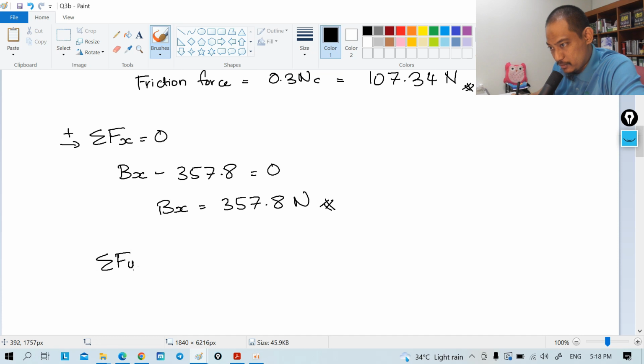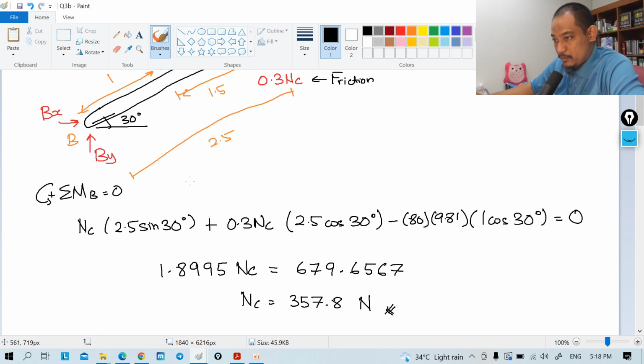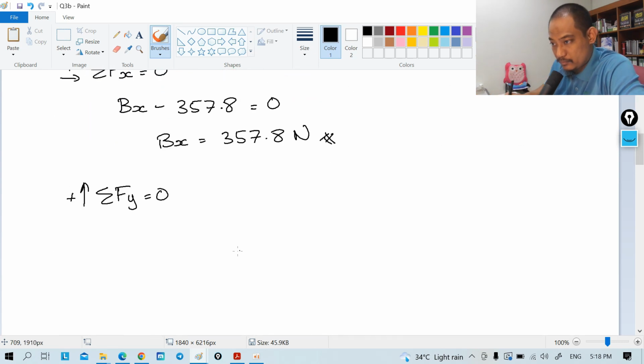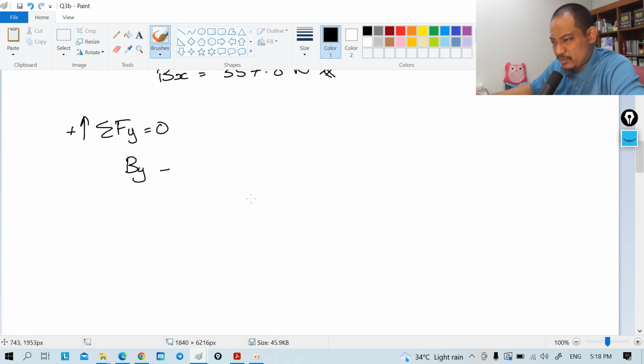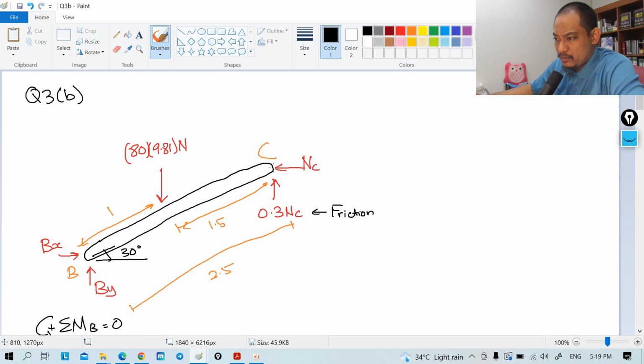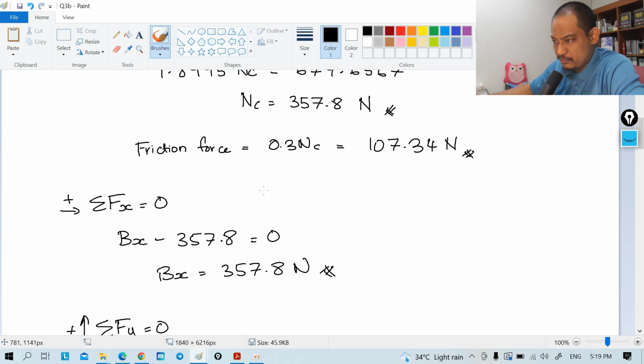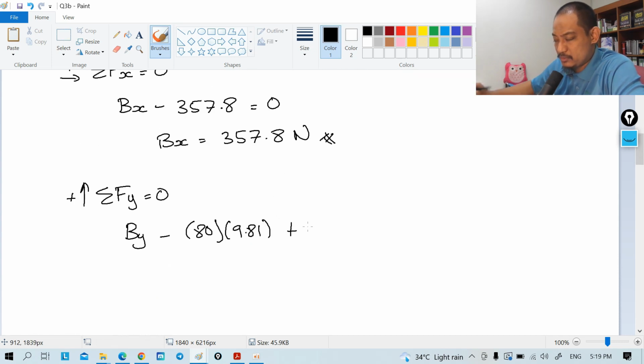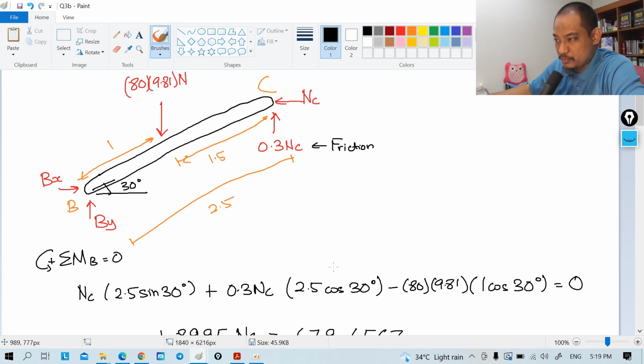Summation of Fy equals 0, upwards. So By minus 80 times 9.81, plus the friction, right? So we'll just use the value of friction, 107, or if we are referring to the free body diagram, then 0.3 NC.